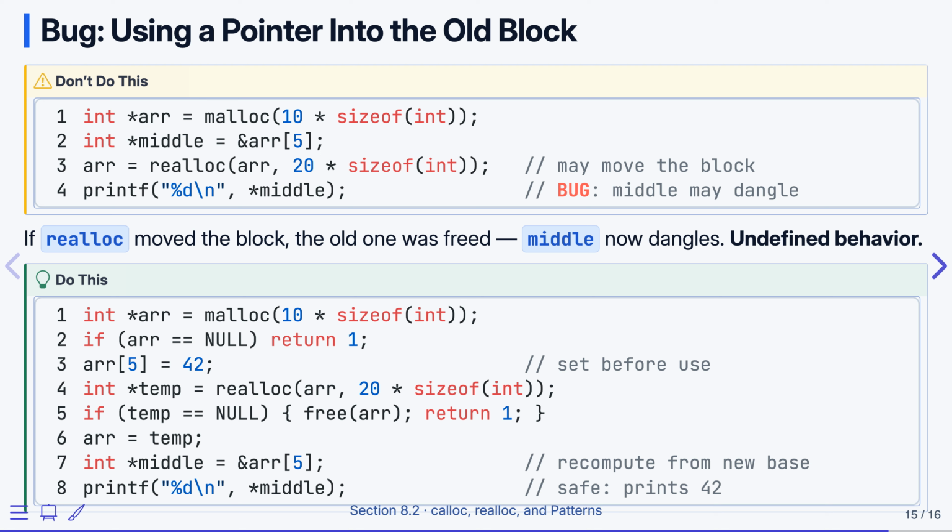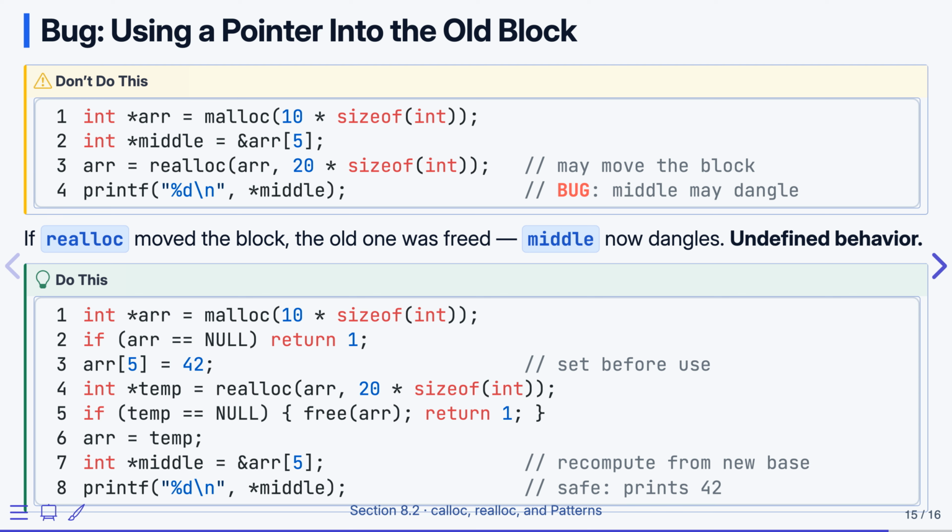A second realloc bug, using a pointer that pointed into the old block. Here we allocate 10 integers and save a pointer called middle to element 5. Then we realloc to 20 integers. Remember, realloc may move the whole block to a new address. If it did, the old block was freed, but middle still points into that old freed block.